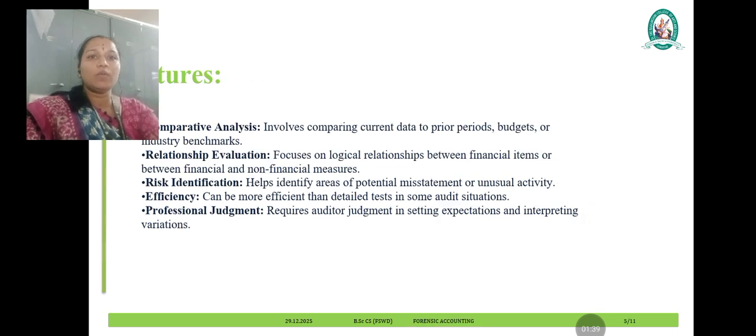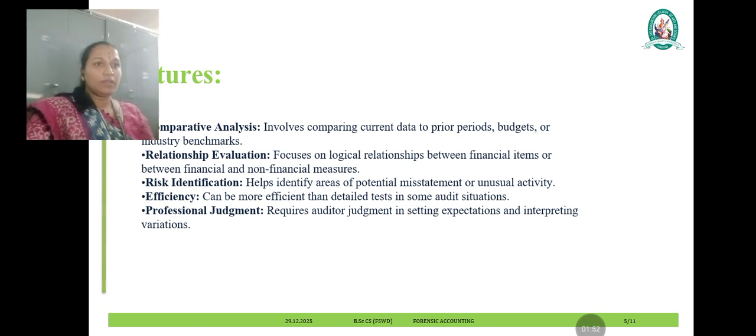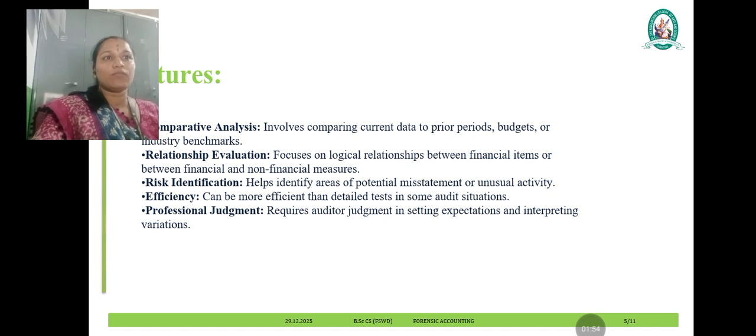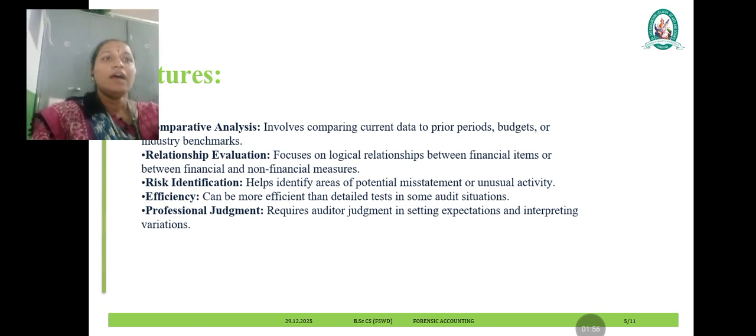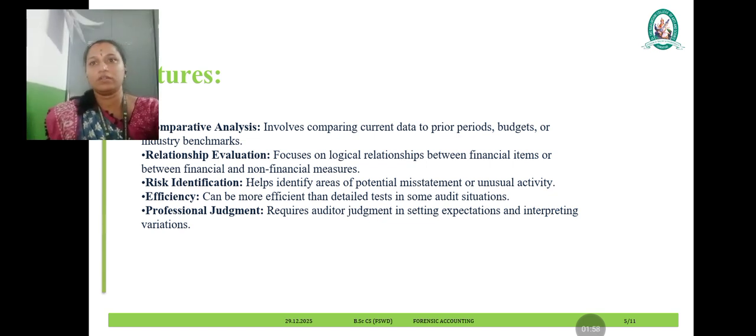Here I'm moving on to the key features. Comparison: current year versus previous year, actual versus budget, company versus industry benchmark. Relationship evaluation: sales versus cost of goods sold, and payroll expenses along with the number of employees.